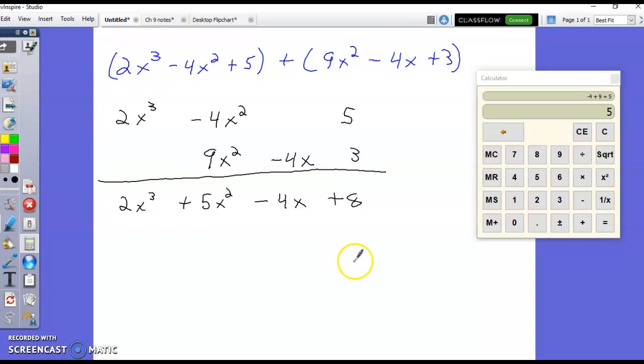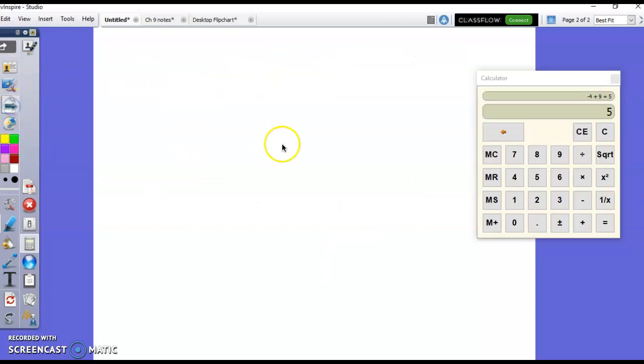Now let's do a subtraction example. So maybe in the back of your notes, write this problem down. Let's make it tricky. So let's do 7x to the fourth minus 3x squared plus 10x minus 5.